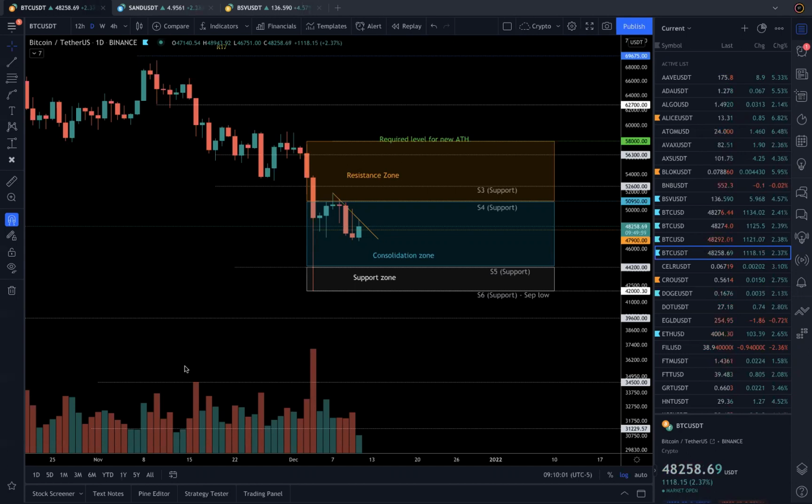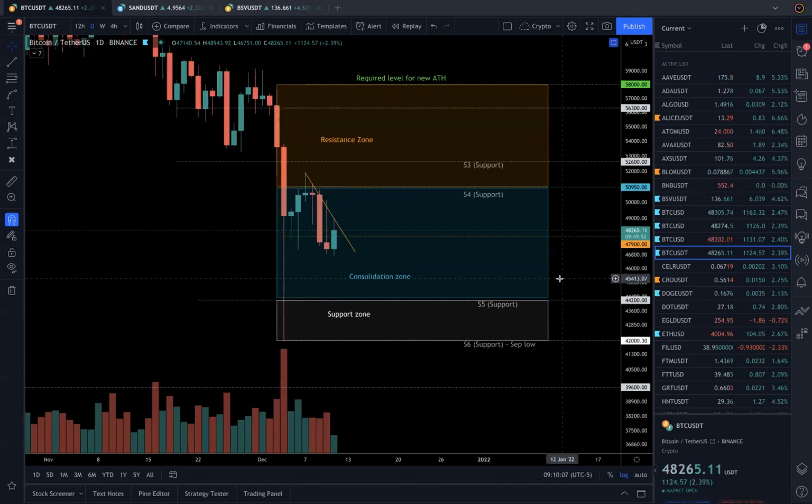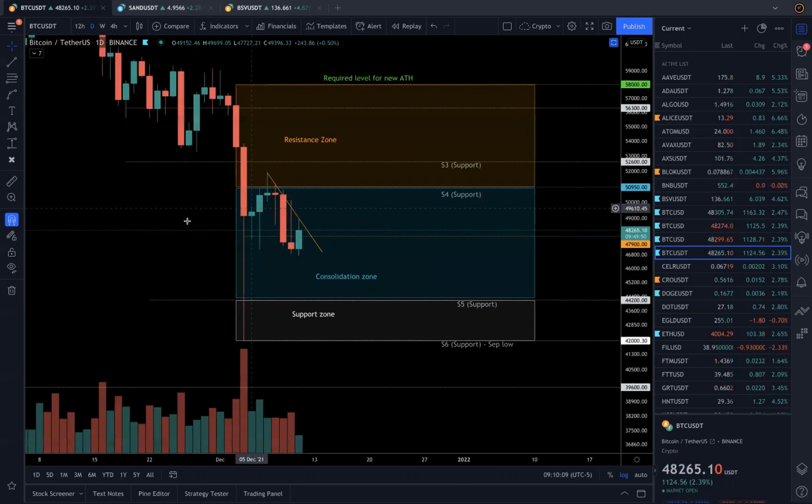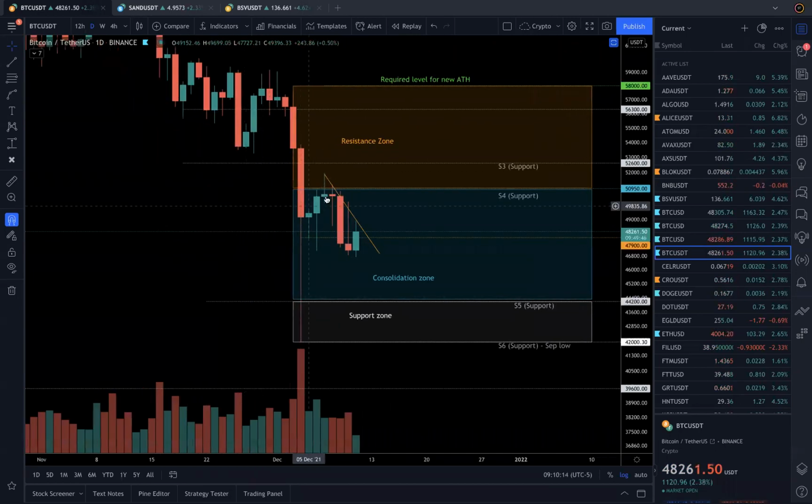Okay, so let's start with this version, which is on Binance. Very simple structure here. What you see here is this drop, and then overall what we see now is the recovery. And now recovery has multiple things. First, the bounce. First and foremost, there must be some kind of capitulation like this.